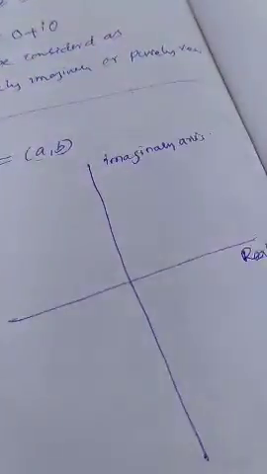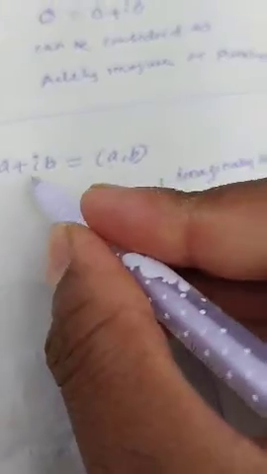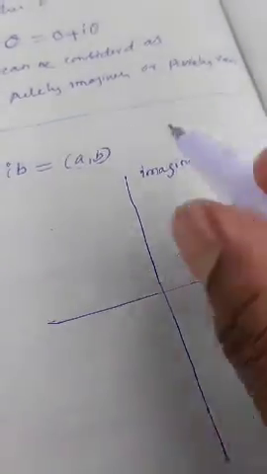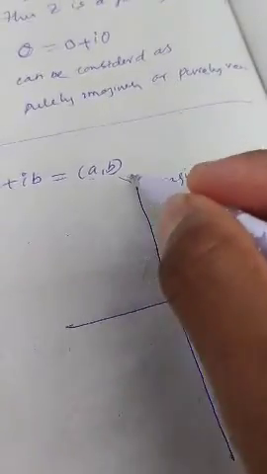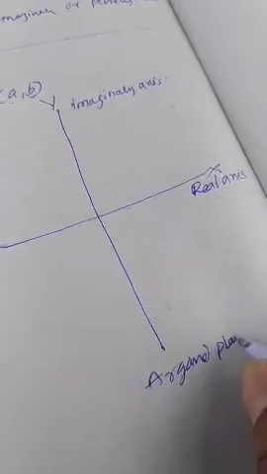Actually, when we are denoting any ordered pair in the plane, that plane is called the xy plane. But here we are denoting complex numbers in this plane as ordered pairs. When we represent a complex number in the plane by considering the x-axis as the real axis and the y-axis as the imaginary axis, this plane is called the Argand plane.